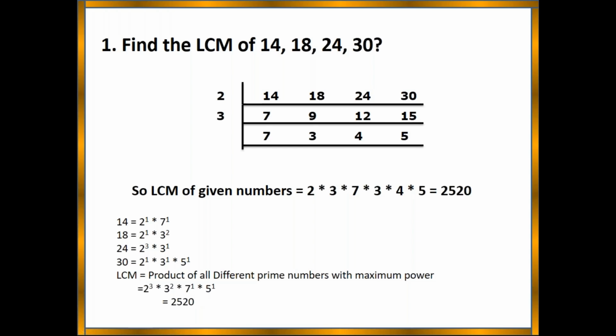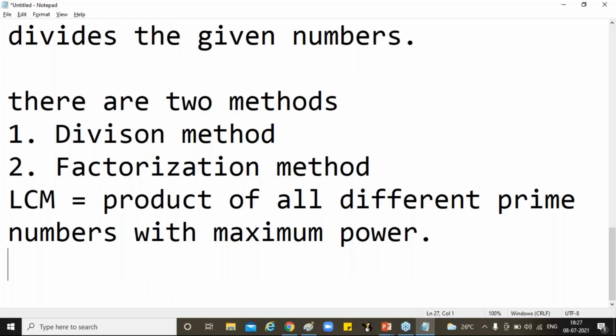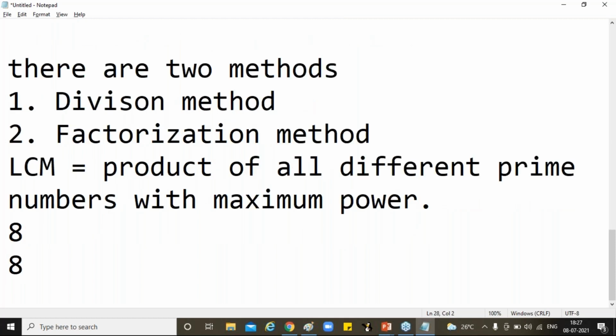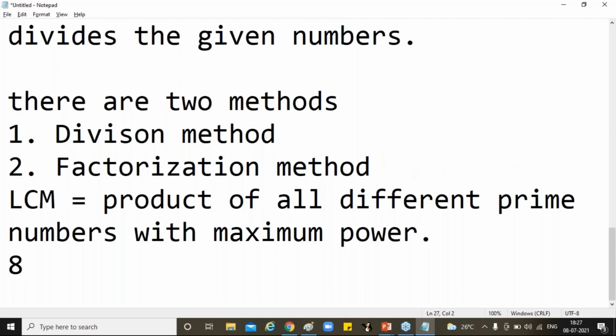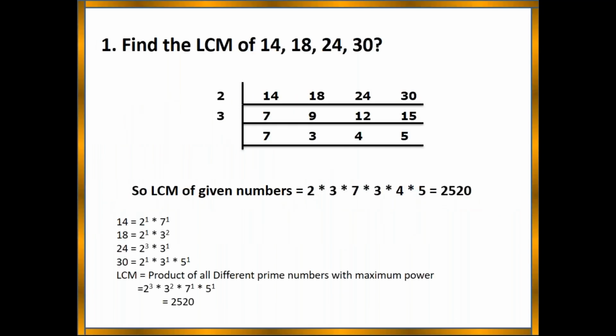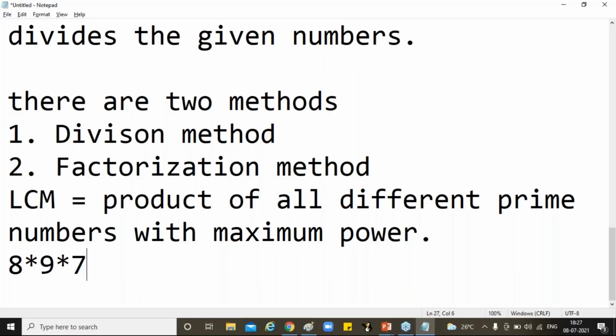So now you can multiply, ma. 2 power 3 is nothing but 8, into 3 square is 9, into 7 power 1 is 7, and 5.